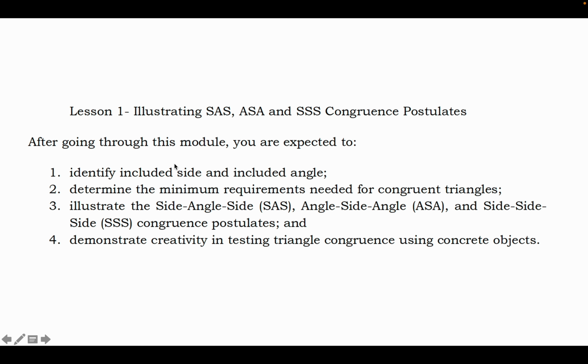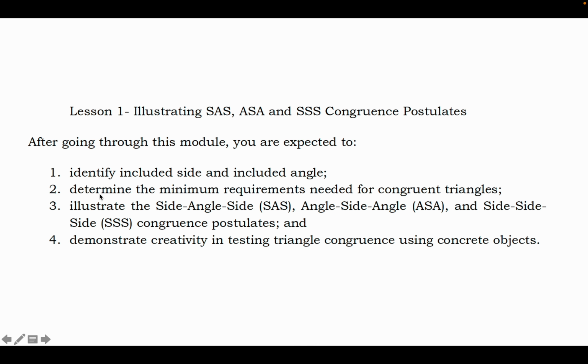These are two concepts that you need to learn. And then, number 2, you should be able to determine the minimum requirements needed for congruent triangles, before we can say that the two triangles are congruent.